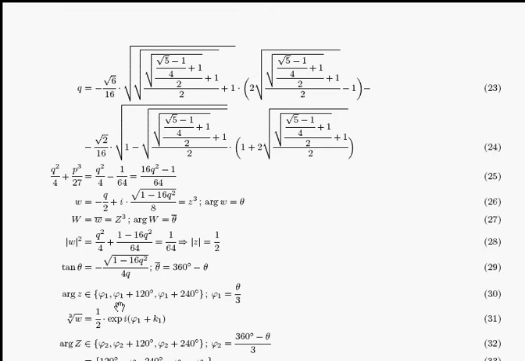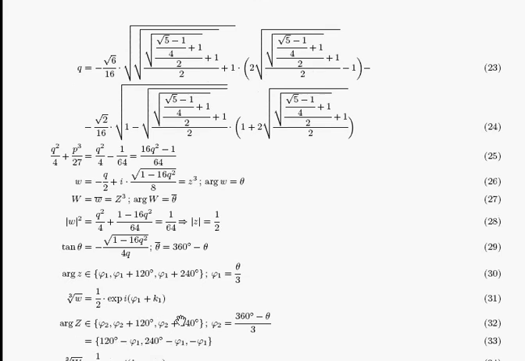The argument of z is phi1 plus 120, phi1 plus 240, when we take the cubic root of w, where phi1 is theta over 3. The cubic root of w is 1/2 times the exponential of I, phi1 plus something.